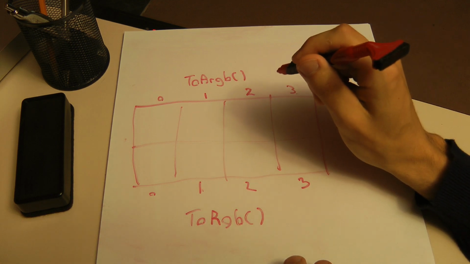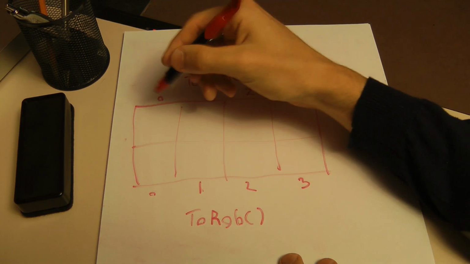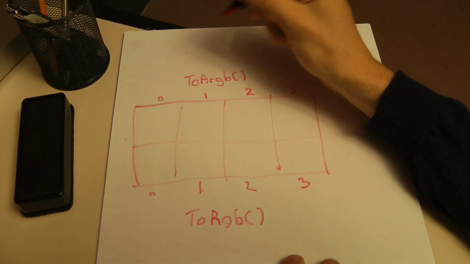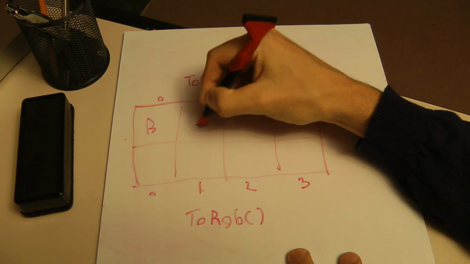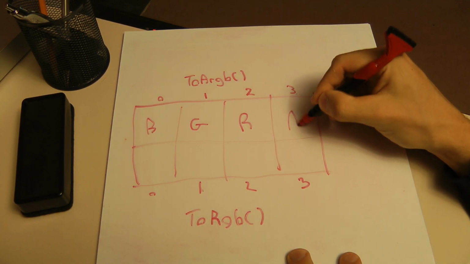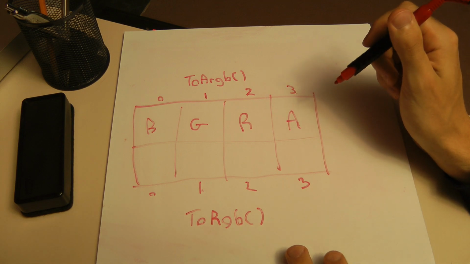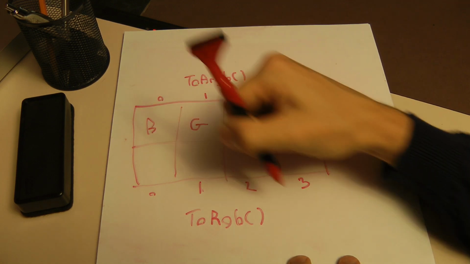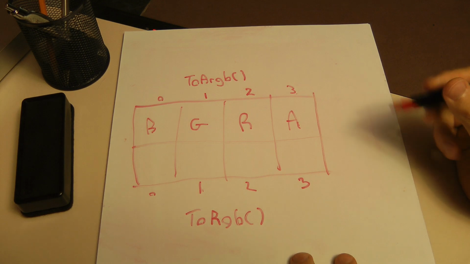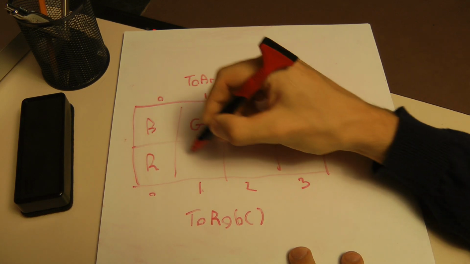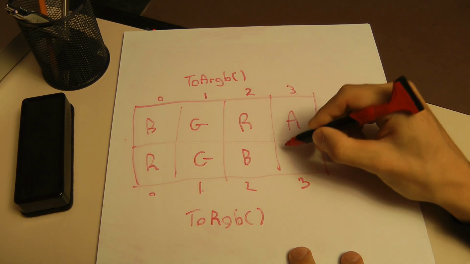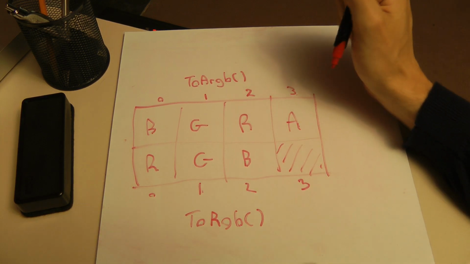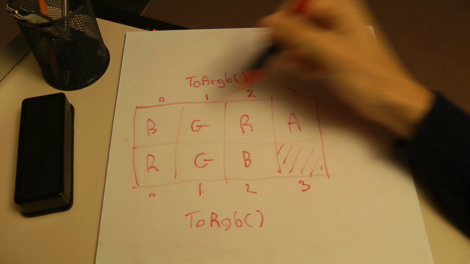Okay, so unfortunately for us, the byte ordering of ToArgb is going to be BGRA, and for some odd reason the byte ordering of the custom colors int is going to be RGB, and then there's nothing here. And that is just going to make things a lot harder.